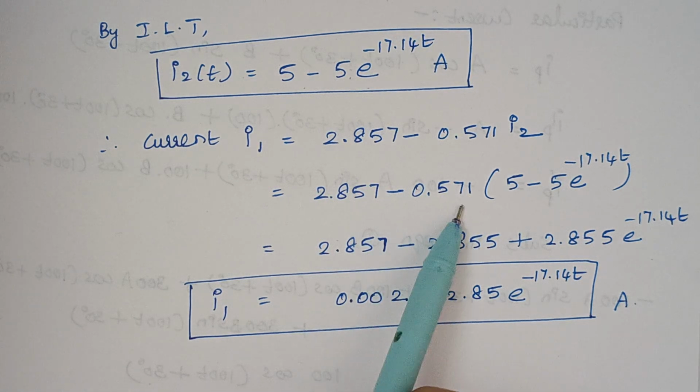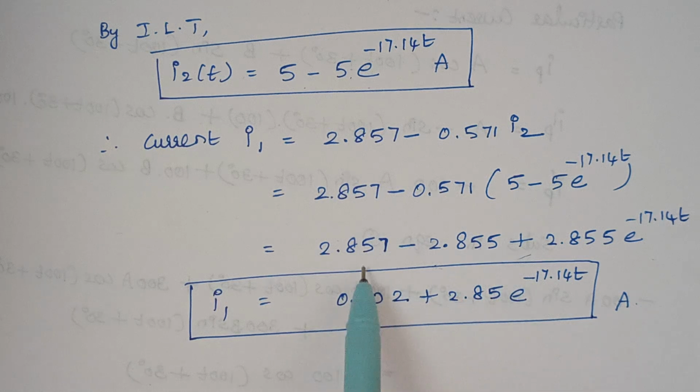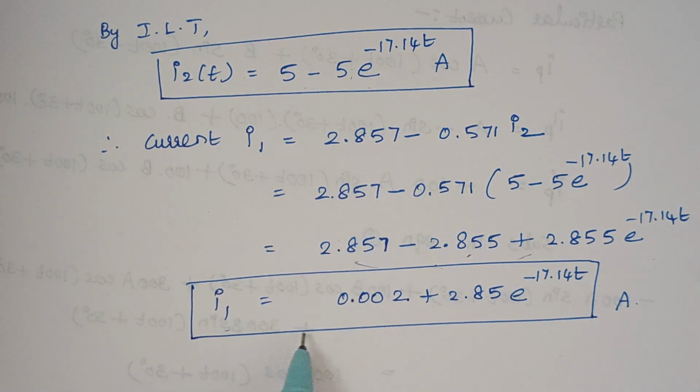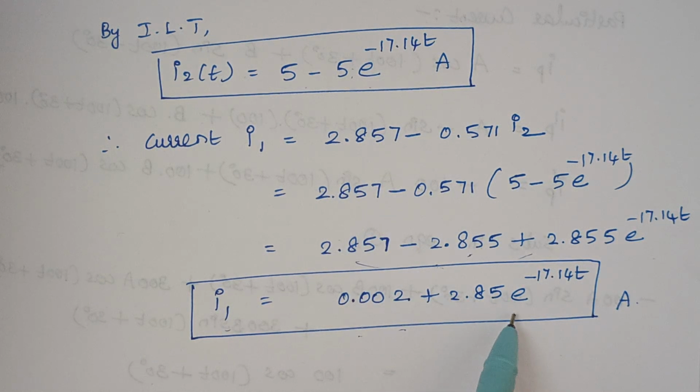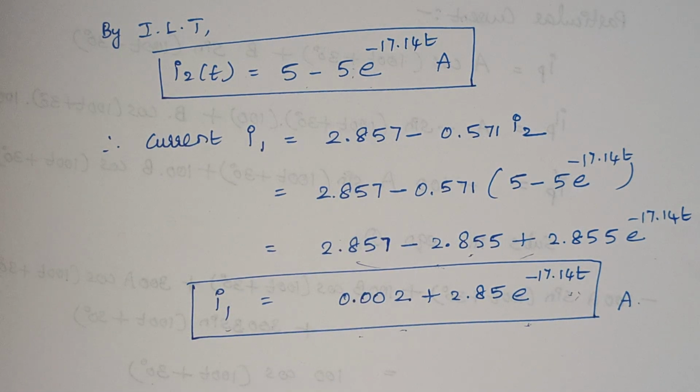Again, multiply this 0.571 with the terms inside. Once you multiply and simplify, the value of I1 is calculated as 0.002 plus 2.85 into e to the power minus 17.14t amps. So, finally, here we have calculated the values of I1 and I2.